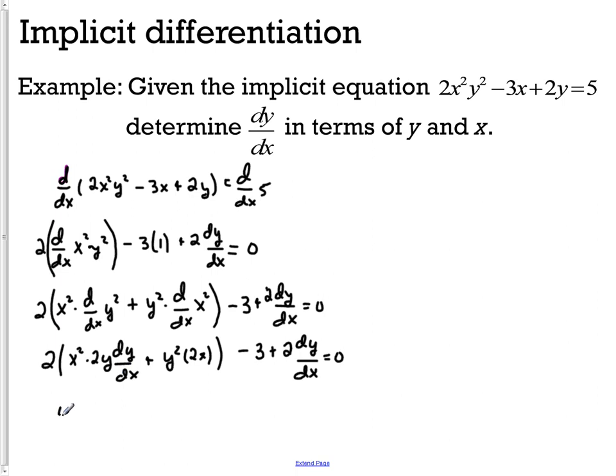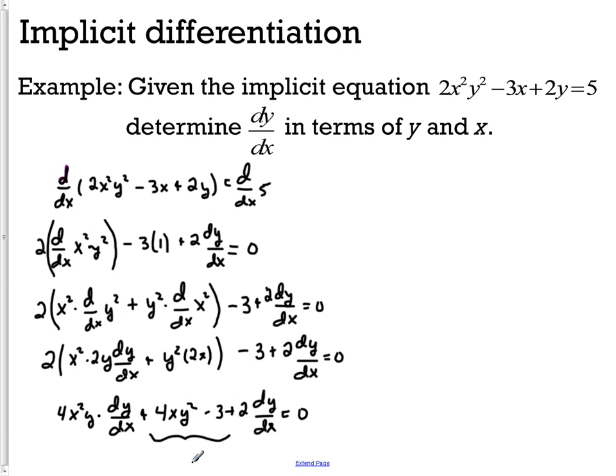So shortening that a little bit, that's 4x squared y times dy dx plus, we've got 2 times y squared times 2x, so we're going to shorten that to 4xy squared minus 3 plus 2 times dy dx equals 0.